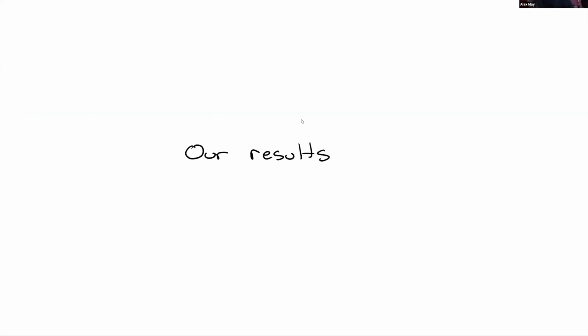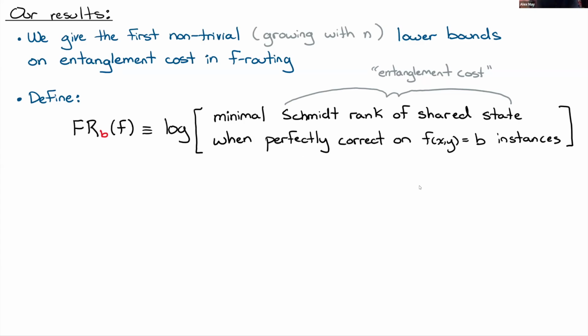Okay, so what are our results? We give the first non-trivial lower bound on entanglement cost in F routing. And by non-trivial here, I mean that the lower bound grows with the classical input size n. Now, there's a bit of a caveat there in that our lower bound only applies when we have some sort of perfect correctness.